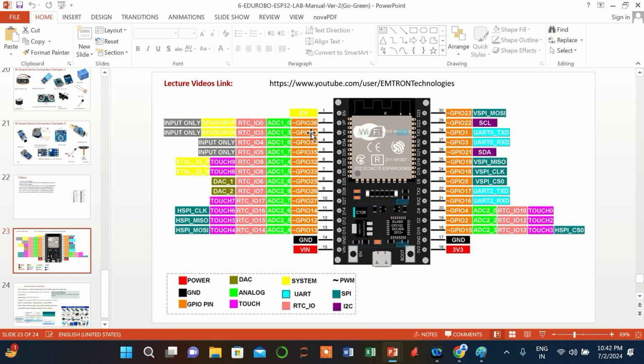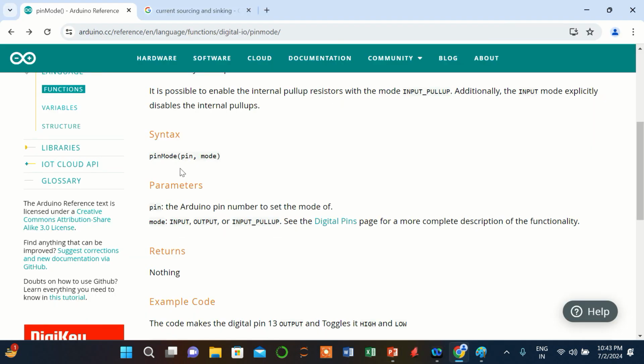So you should mention the same pin which is recognized by the compiler. For example, if you are interested in pin number 2, then you say 36. So pinMode, bracket, 36, comma, and the mode in today's session is INPUT in capital letters, not OUTPUT. In the previous session we configured it as output.